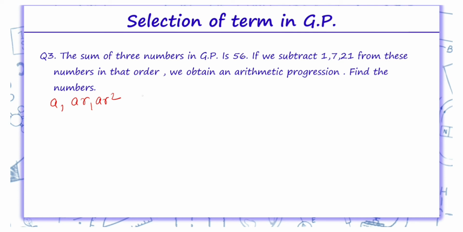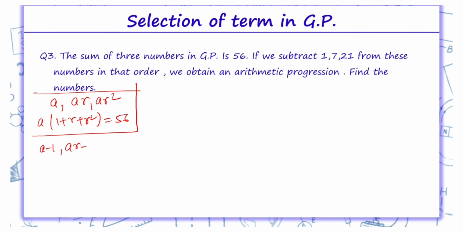Their sum, taking A common, is A(1 plus R plus R square), which is 56. Now it is given, if we subtract 1, 7, 21 from these numbers in the same order, that is A minus 1, AR minus 7, AR square minus 21.